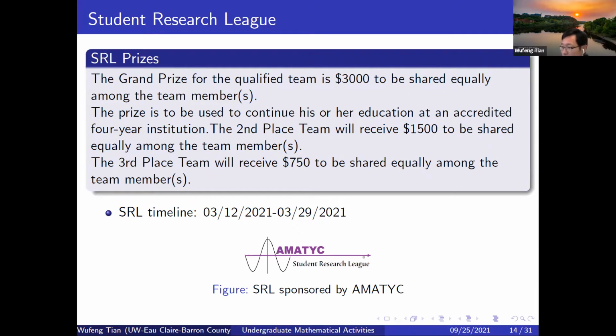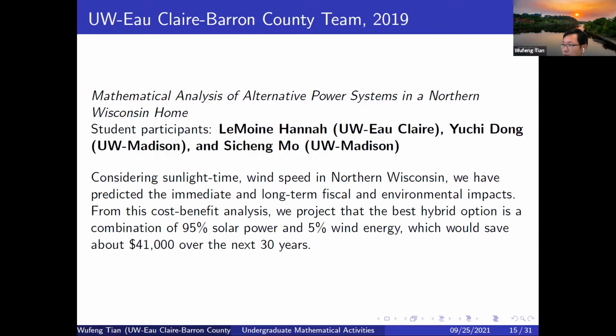In 2019, our students did participate in this activity, and they wrote a paper about the mathematical analysis of alternative power systems in northern Wisconsin homes. Basically, they did a long-term cost-benefit analysis of a solar panel system versus the traditional power grid cost if they don't use any solar panel or wind power.